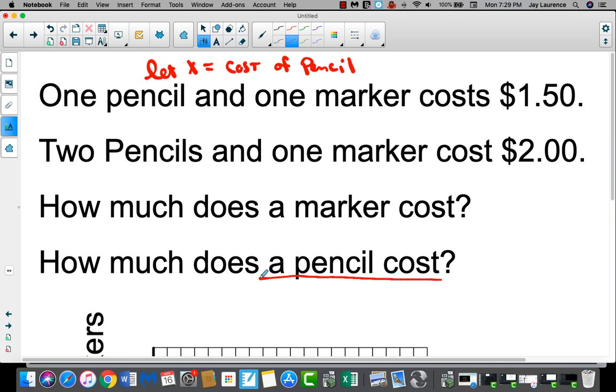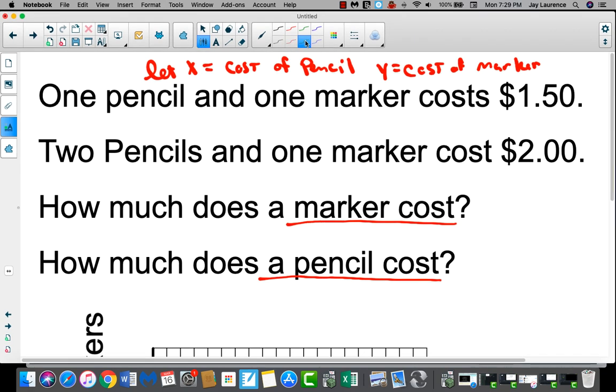So I have to define one of my variables to be the cost of the pencil. And then I'm going to let y equal the cost of a marker. And again, how do I know? Because it says what's the cost of the marker. It wouldn't matter if you made y the cost of a pencil and x the cost of a marker. You'll still get the same solution when you go to graph.